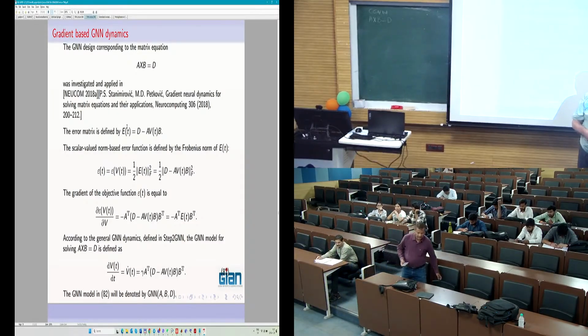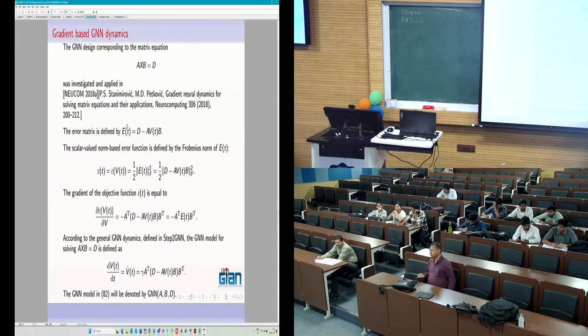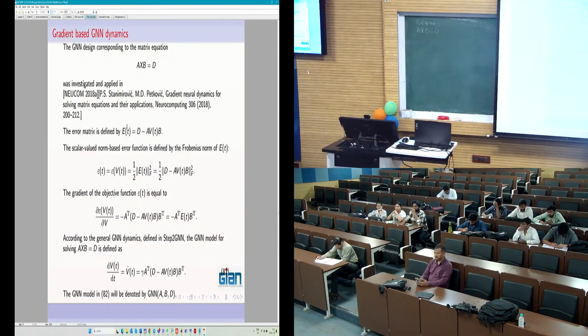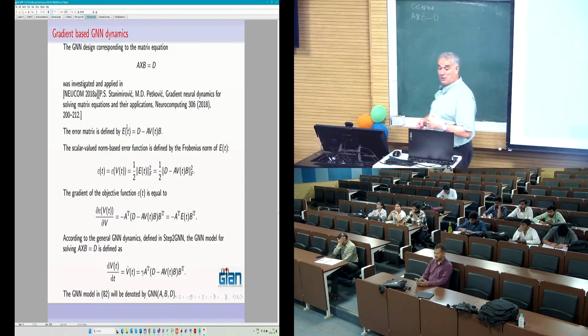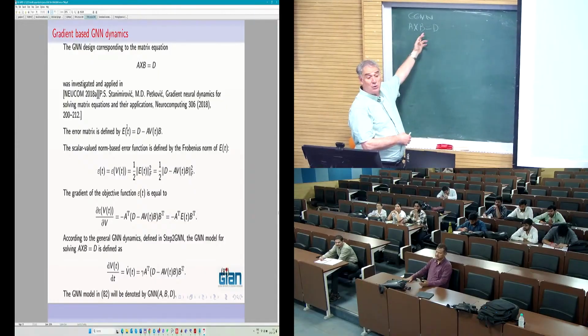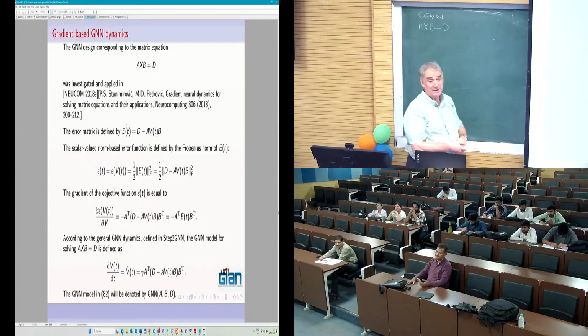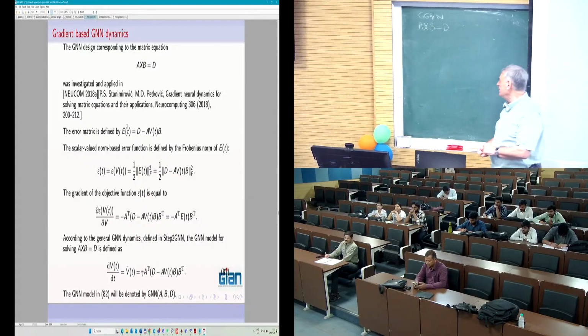If we want to find the matrix inverse, we will consider the particular case in which B equals I and D will be equal to identity. Of course, later we can consider many different cases.